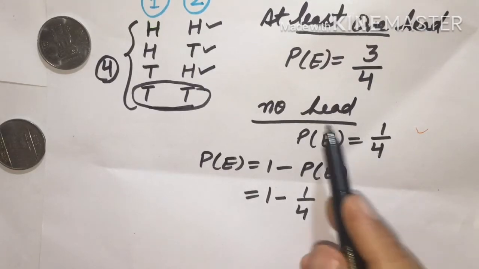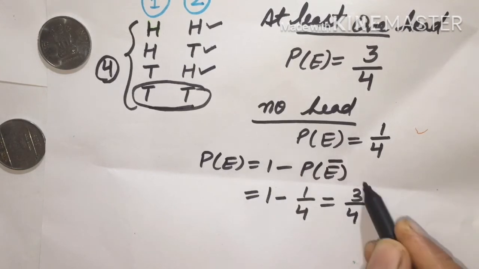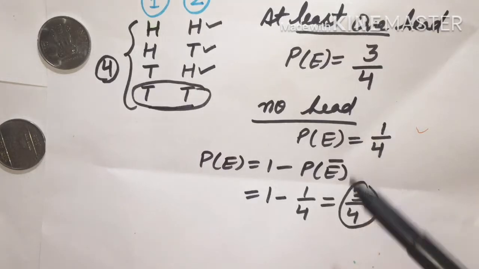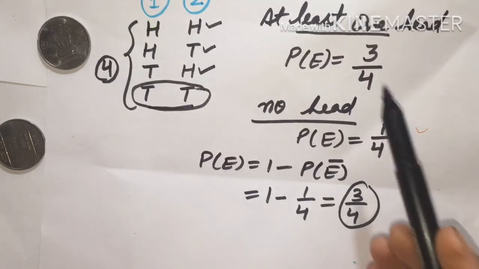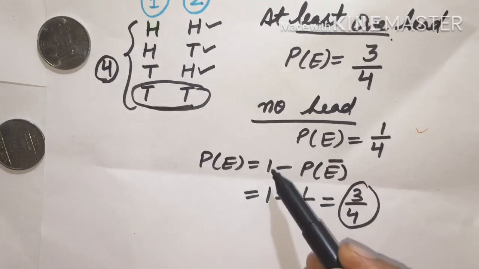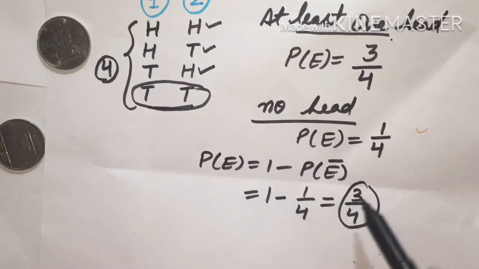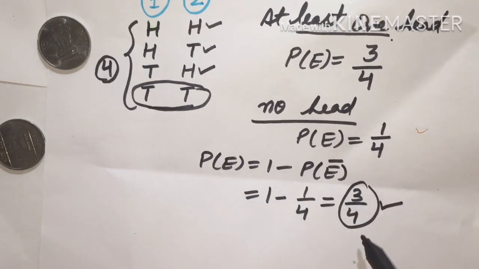Since 1 upon 4 is the case of no head, the answer will be 3 upon 4. So we can find this in this method also: for at least one head, we take 1 minus 1 upon 4, where 1 upon 4 is the probability of no head, which is 3 upon 4.